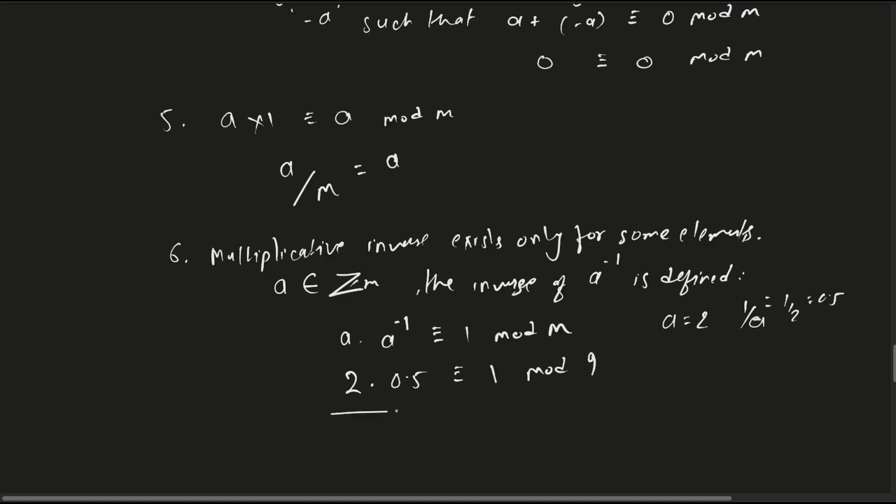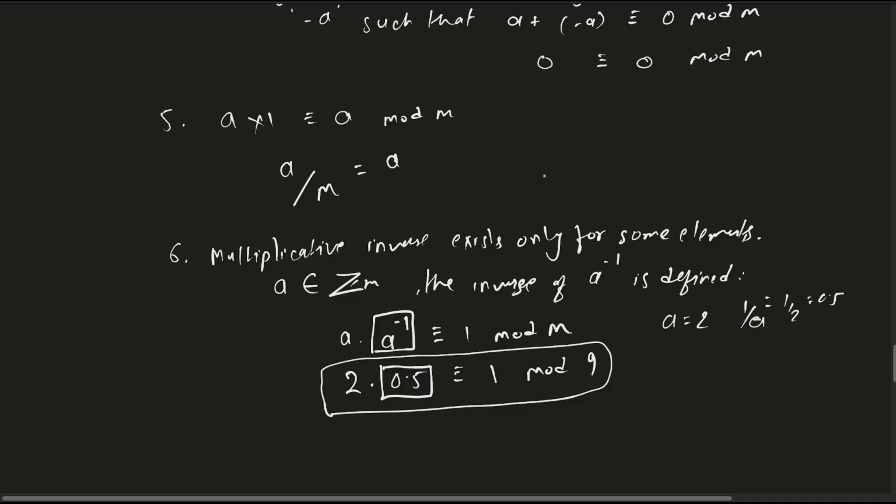This is totally wrong. It turns out this inverse of A, in our case written as 0.5, does not belong in the ring. So this inverse of A must also fulfill the fact that it belongs to the ring.